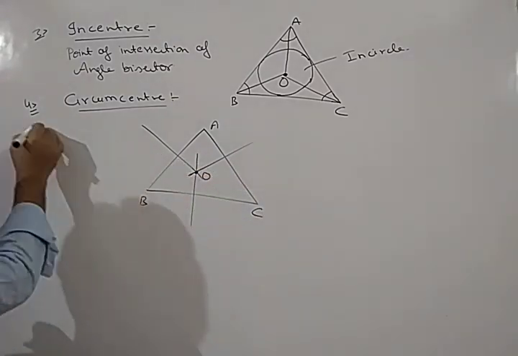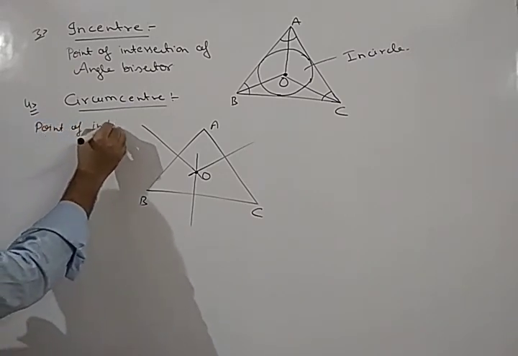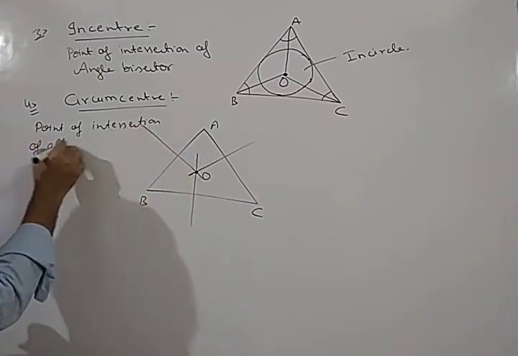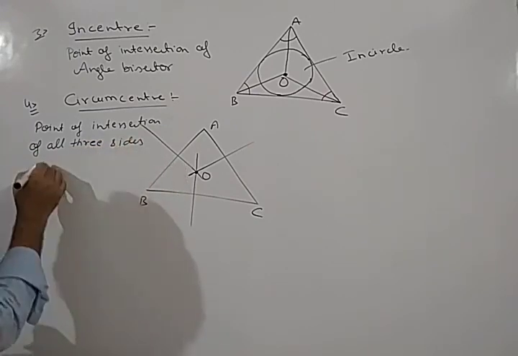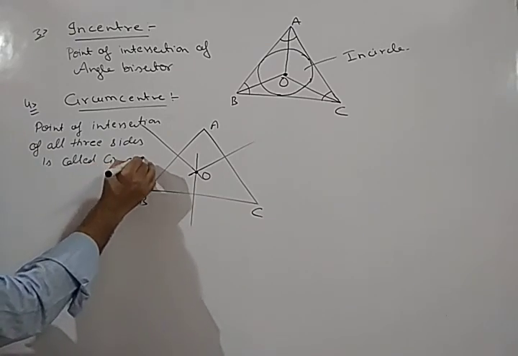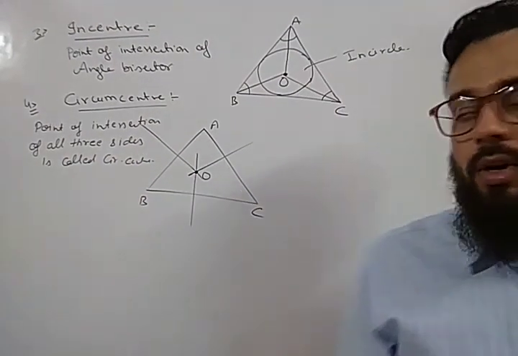So what is the definition? Point of intersection of all the three perpendicular bisectors is called circumcenter.